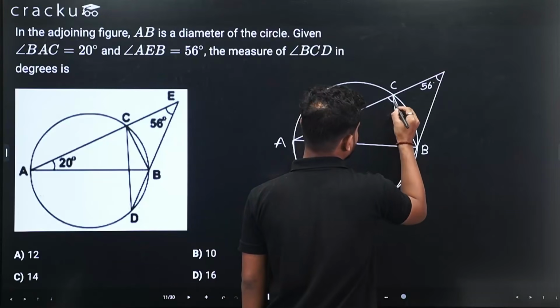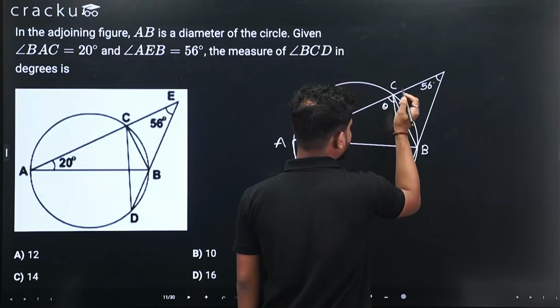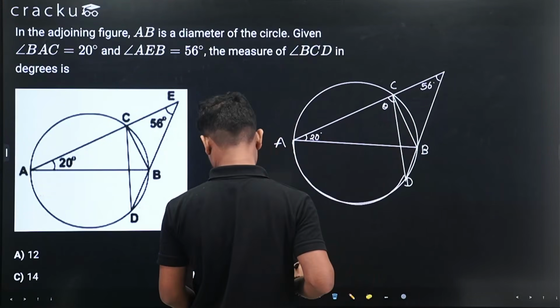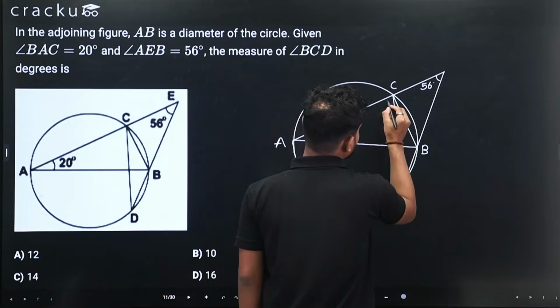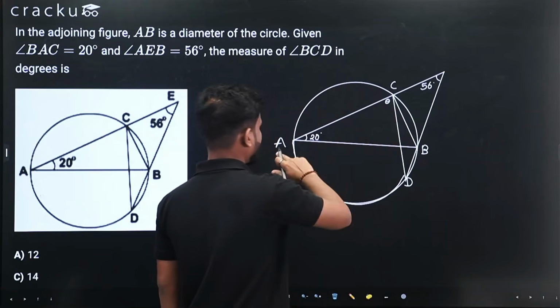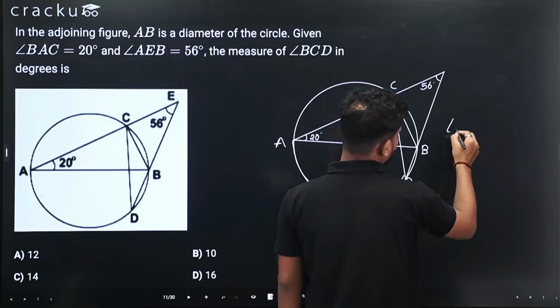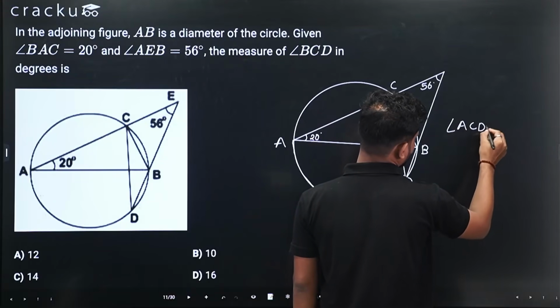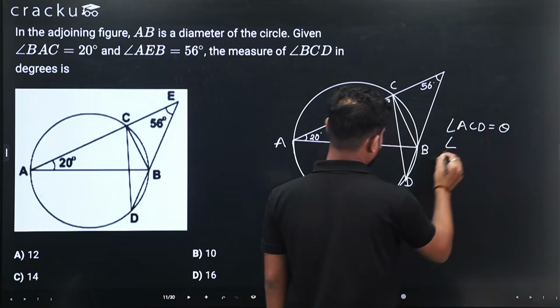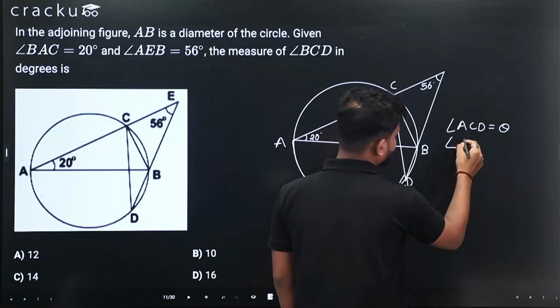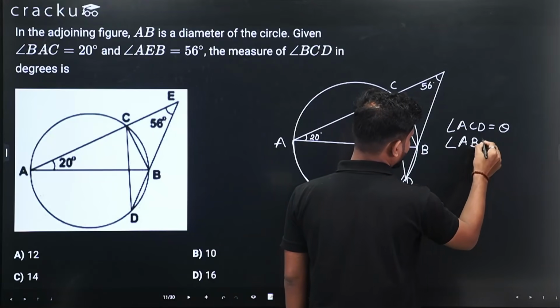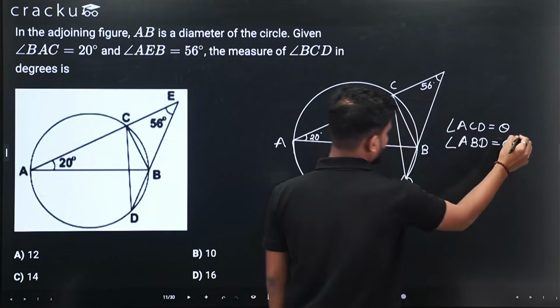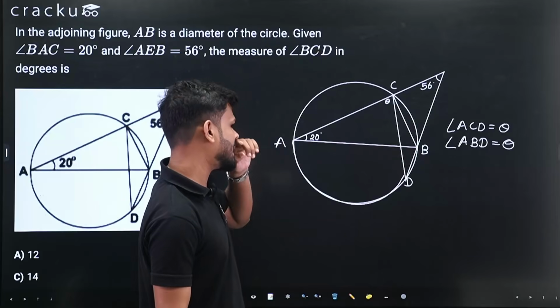So if this ACD is theta, angle ACD is equal to theta, then angle ABD will also be equal to theta.